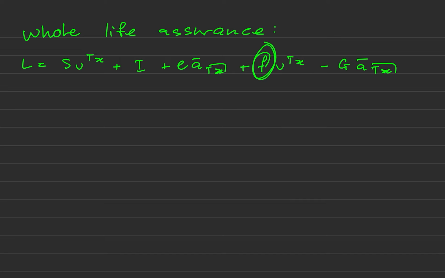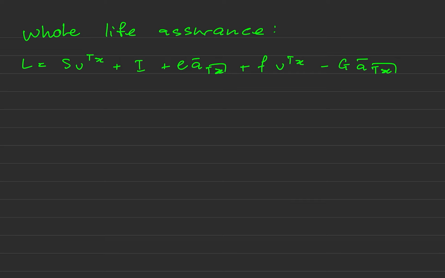And this F here represents the terminal expenses, so expenses that we incur when the contract terminates, so when this life dies. I said this was a continuously payable annuity for the lifetime of this person, and so I will continue to incur this renewal expense at a rate of e per year until this person dies, so until Tx runs out of time.